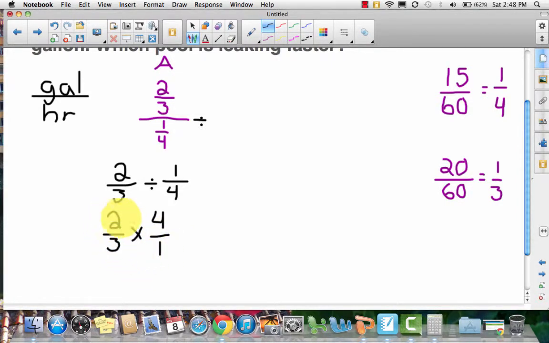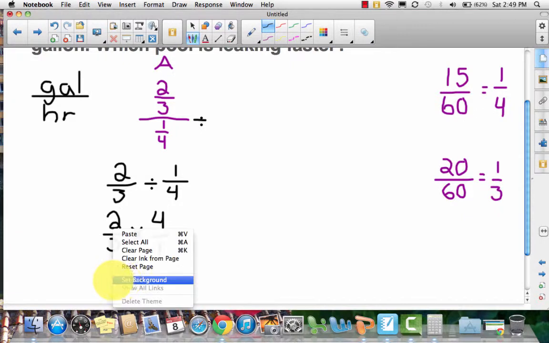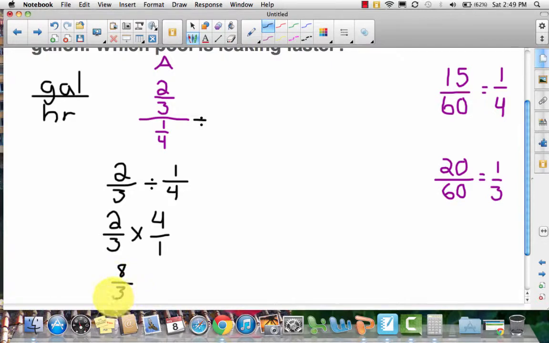So I'm going to multiply my numerators, 2 times 4, to get 8, and multiply my denominators, 3 times 1, to get 3. 8/3, well, I know 3 can go into 8 2 times. So that becomes my whole number. And I have 2 left over, keeping that denominator.